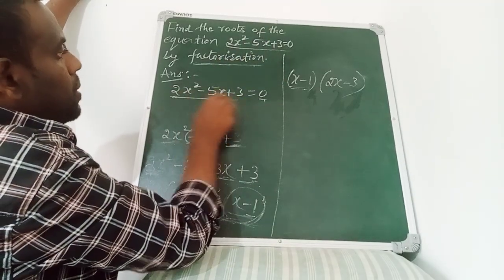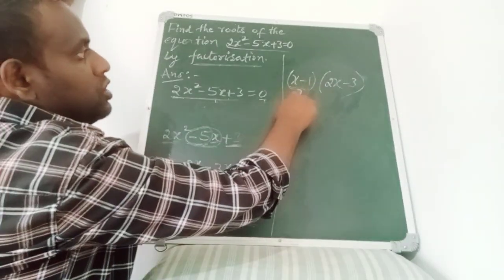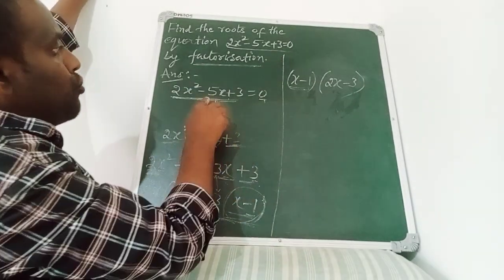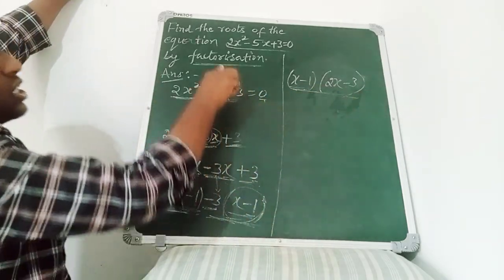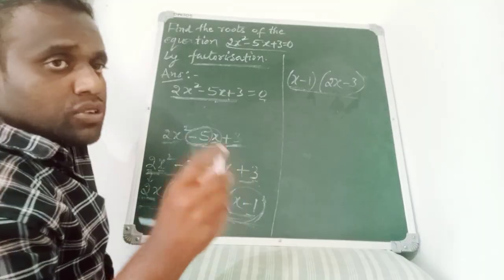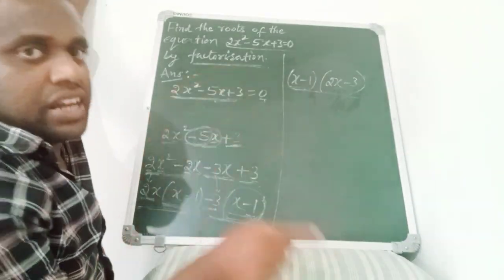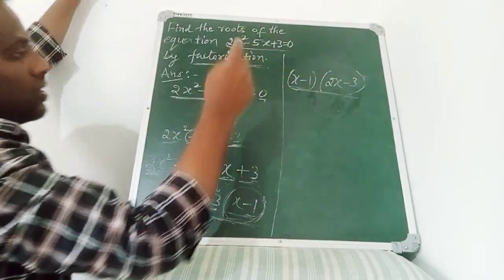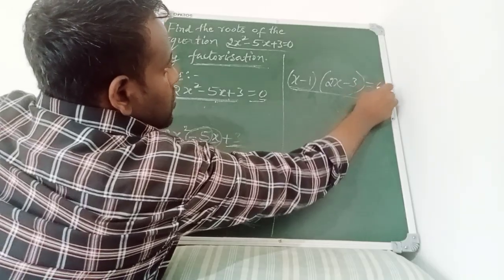Now see, this and this are the factors of this. That means we have factorized this like this. The question is to find roots by factorization. For that, first we have to factorize. So factorization is done. Now in place of this we have this. So now write equal to 0 for this.